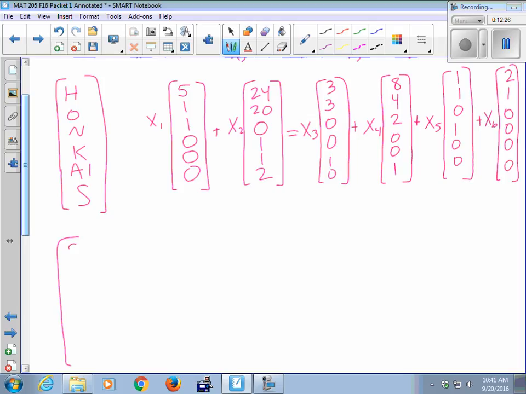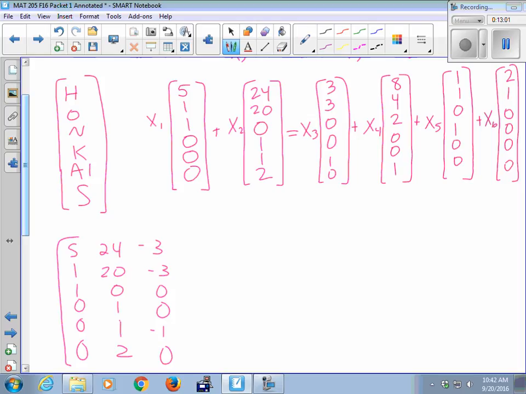All right, so I've got 5, 1, 1, 0, 0, 0, 24, 20, 0, 1, 1, 2, -3, -3, 0, 0, -1, 0. So these first two were the same as these columns because I was moving everything from the right over to the left. And so the rest of the columns are going to be the negative of what's in there.